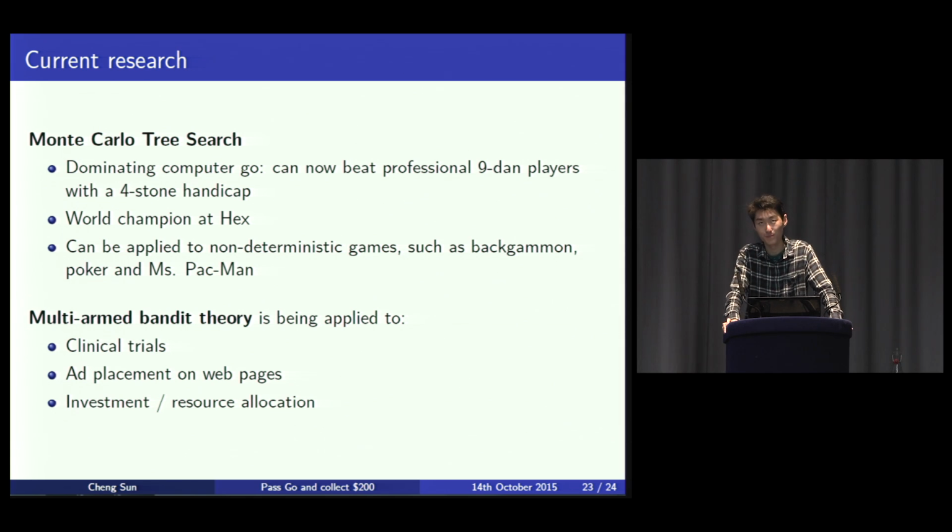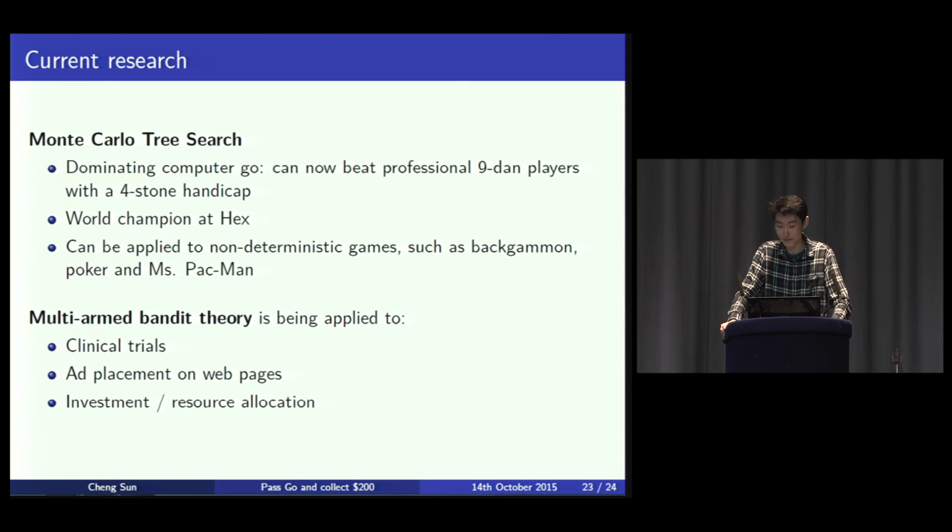Now, in 2013, I believe, there was an exhibition match between the strongest Go engine at the time, Crazy Stone, written by Coulom, and Crazy Stone won against a professional 9-dan player with a 4-stone handicap, meaning that Crazy Stone was allowed to play 4 stones on the board before the game started. So there's still progress to be made. Go engines can't yet beat the Go champion in a fair matchup, but we're getting there.